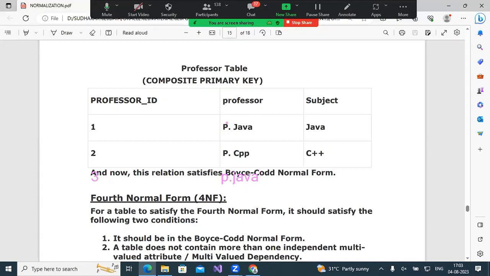But what is this Professor Java's ID number? 1. And this Professor Java has ID number 3. That means both professors are same or different? Different.